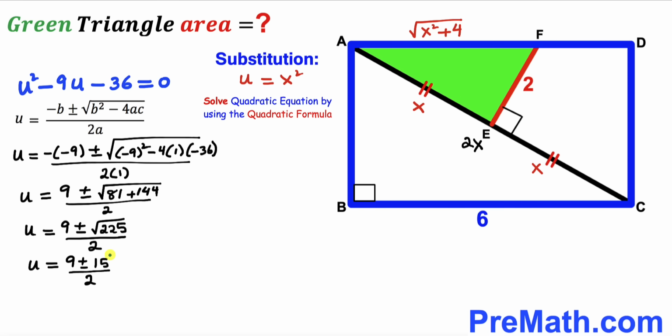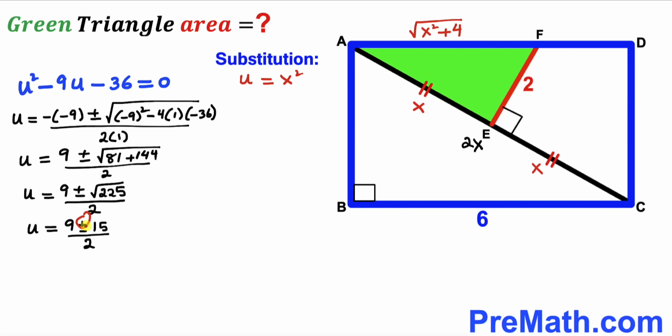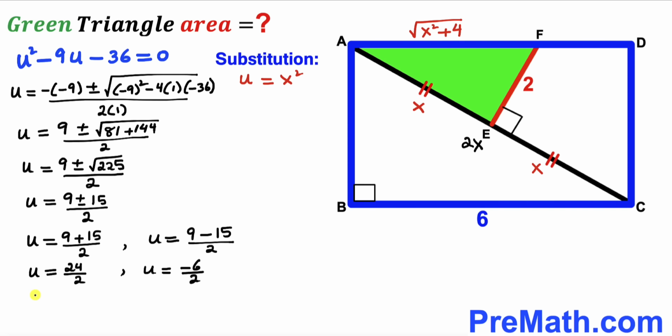As you can see in this next step, now I'm going to split these positive and negative signs, one with the plus sign and one with the negative sign. So thus our u value turns out to be positive 12 and this u value turns out to be negative 3.